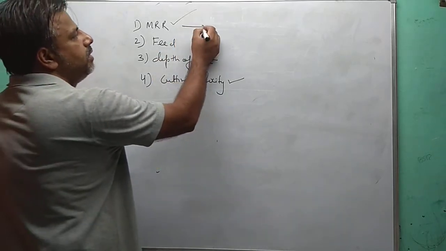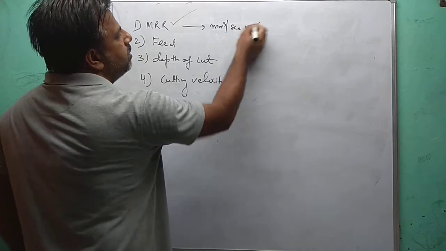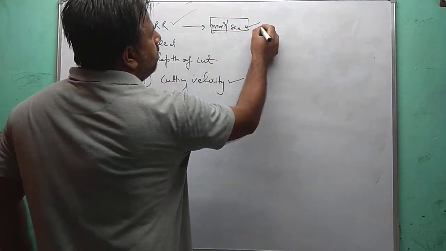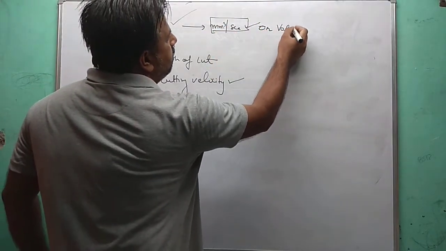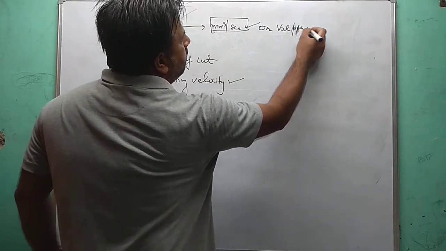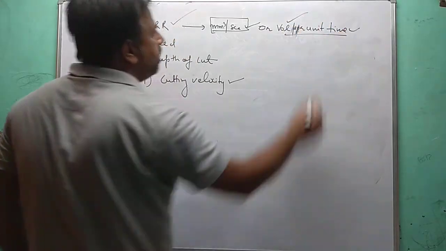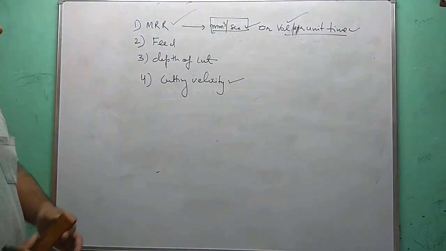Its unit is mm cubed per second. Volume of material removed per unit time is known as the MRR.